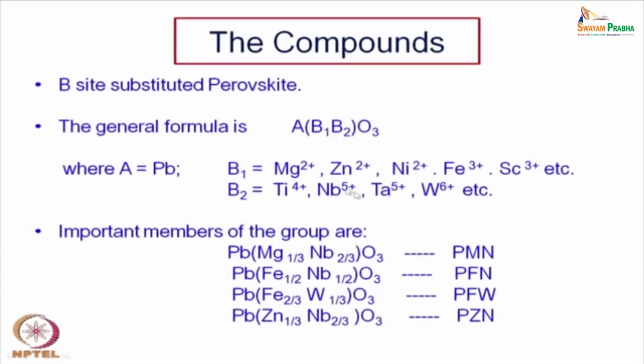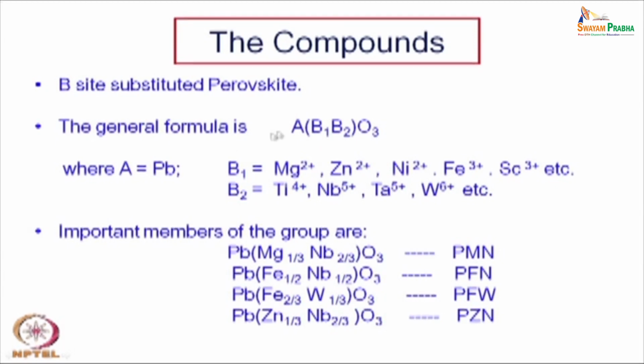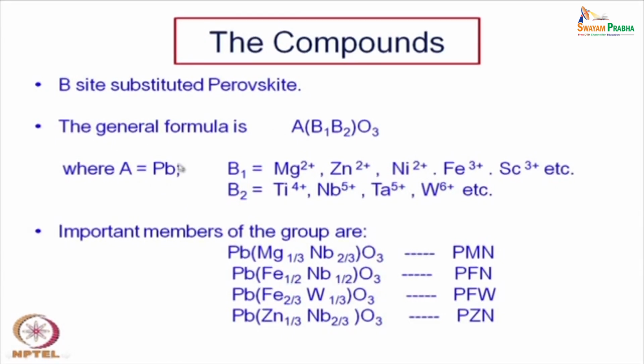So, in the ABO3 structure, you have B1 and B2. Instead of B, we have 2 different atoms or ions, B1 and B2. A is normally lead, that is the only possibility so far as the A site is concerned. But at the B site, different combinations are possible.